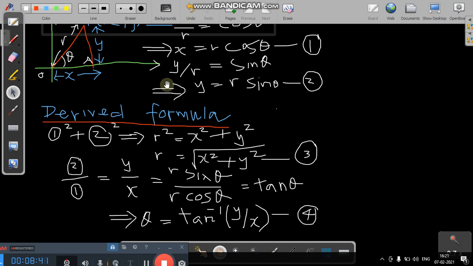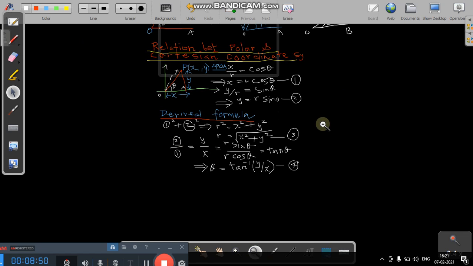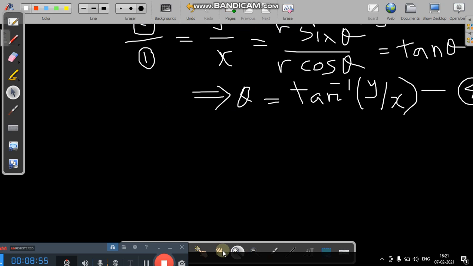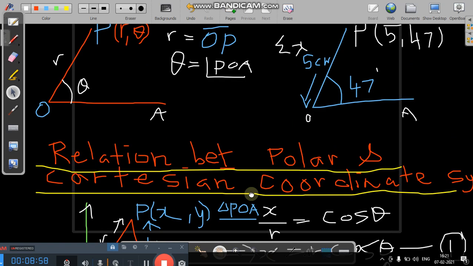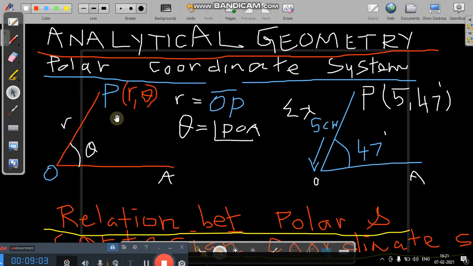So what we understand from this is, we will bring back what we have studied so far. In the first case we studied analytical geometry, the polar coordinate system P of r comma theta, where r is the distance from the origin to the point, and theta is the angle between the inclined line and the horizontal line.